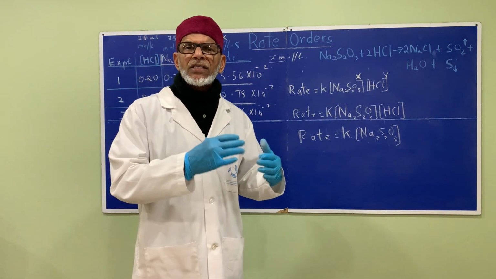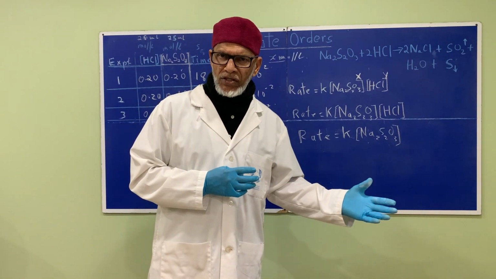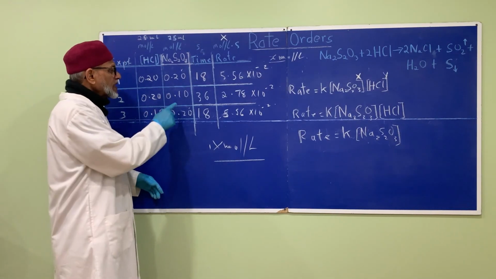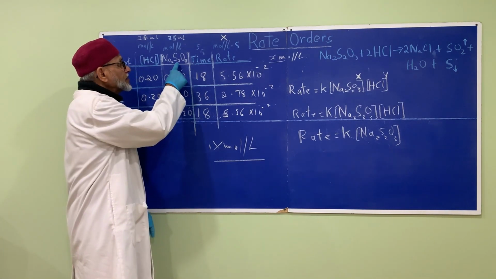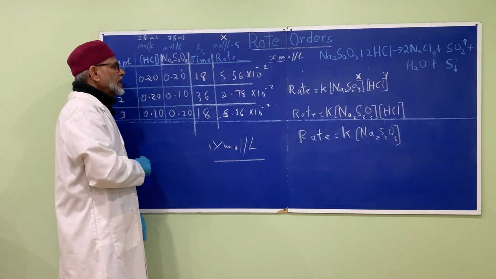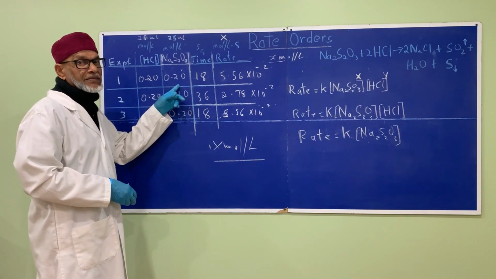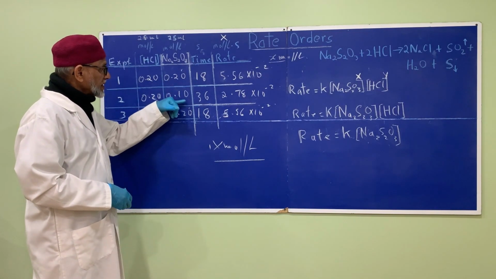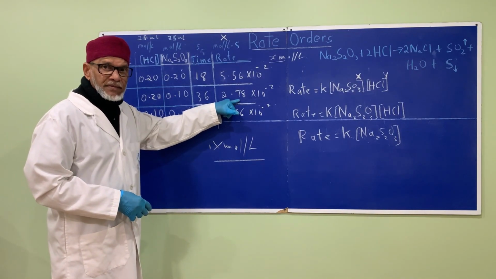We look at the change in rate when one of the reactants is changed. We can say that we started with 0.1 mole per liter of sodium thiosulphate, and we doubled its concentration. So at this concentration, that was the rate.